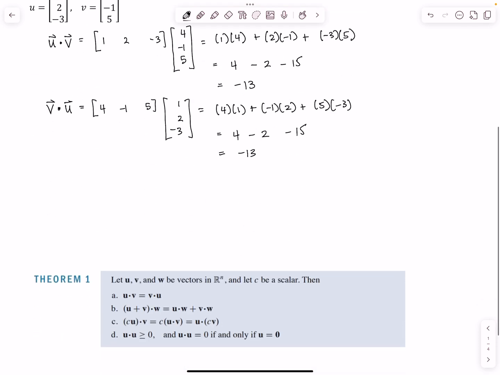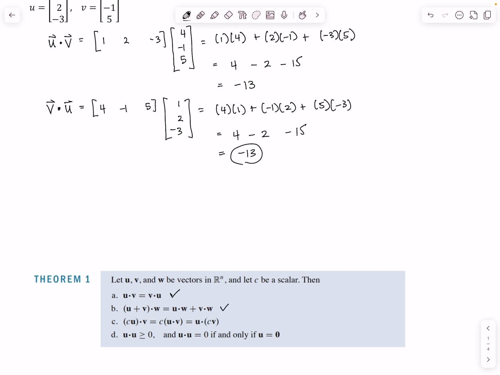So I've just demonstrated why this property holds: if we reverse the order, we get the same answer. Notice that when we're dotting, our answer is a number, not a vector. So U dot V is a number.